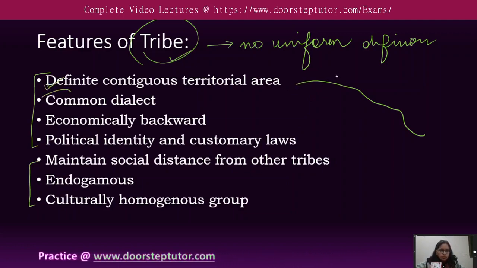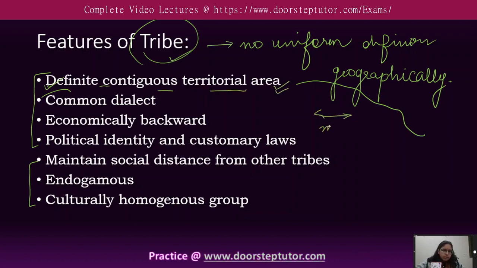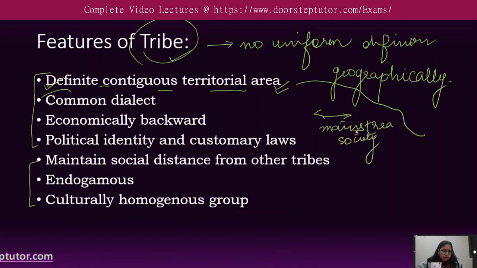So, tribes have always been found in a geographically different location. That's why they have a definite contiguous territorial area, and they're always different from mainstream society in terms of the way they live, because they're mainly limited to forest or underdeveloped areas.